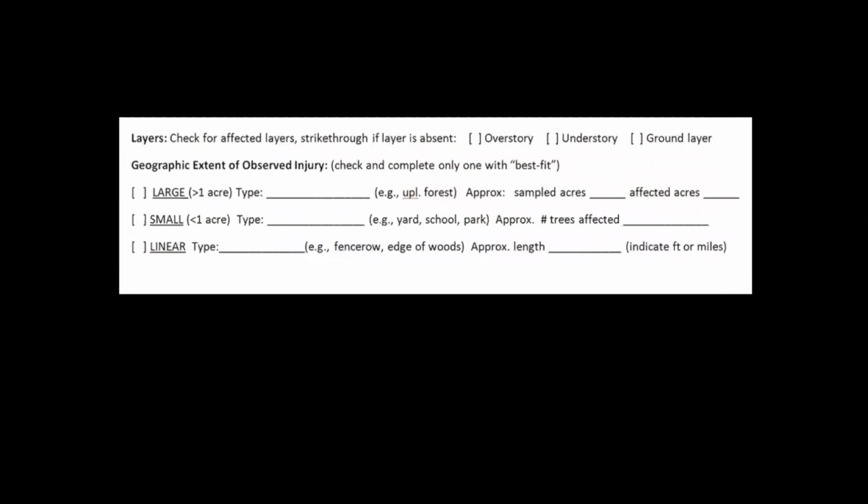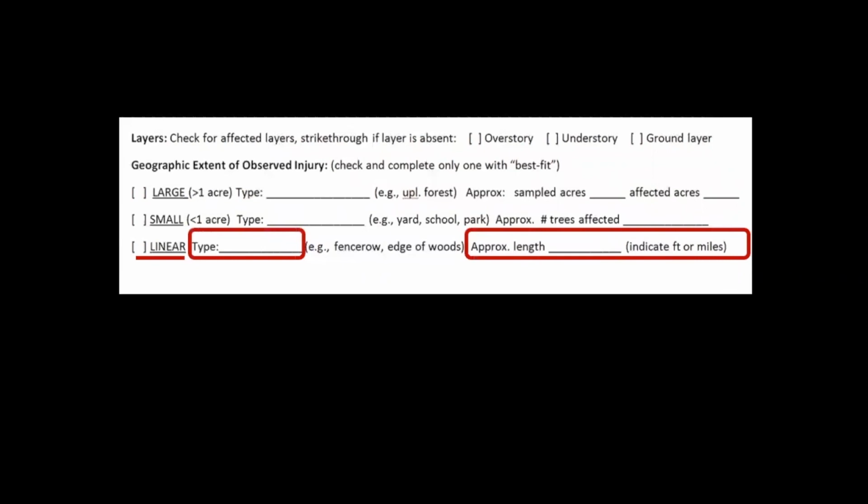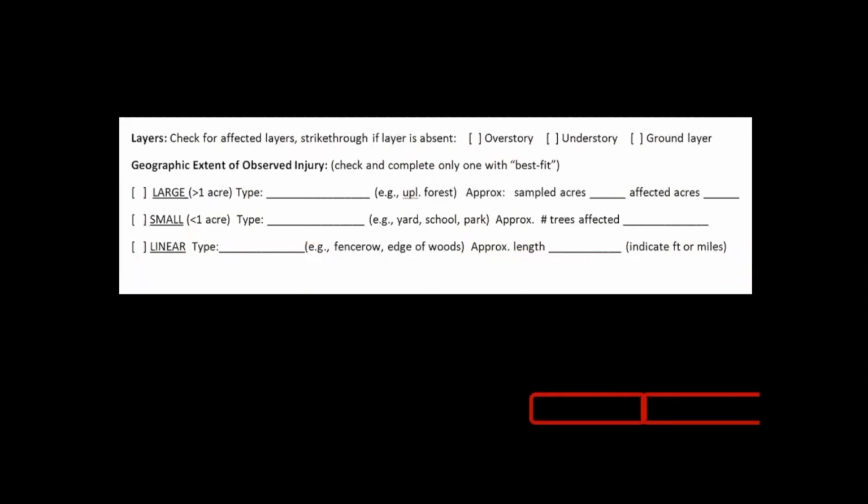So we do have linear habitats that could be sampled. So in linear, we're asking for the type, and in this case, you just characterize not the size of the area, not the number of trees affected, like for large and small, but basically just the length of the area that you're observing or monitoring, and you indicate the unit that you're using in feet or miles.